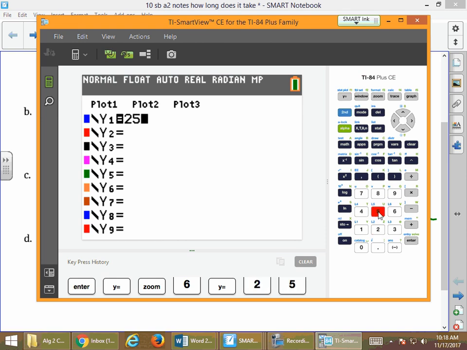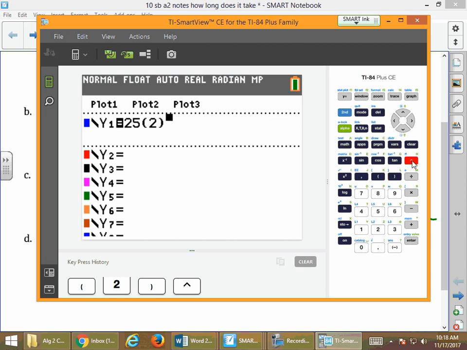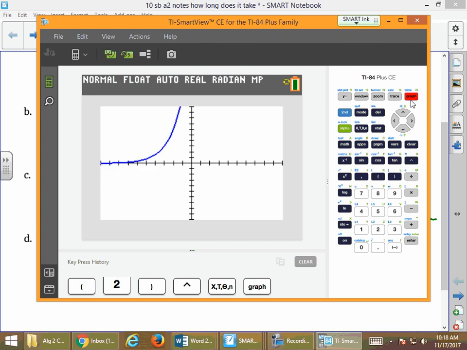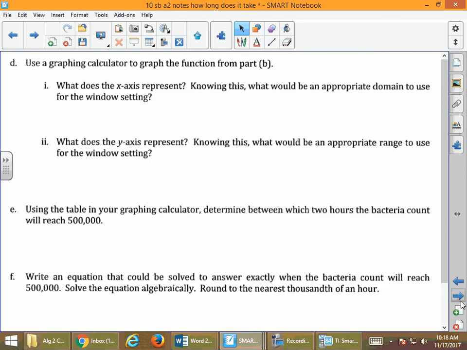But 25 times 2 to the x, remember that x comma t comma theta n, which is right beside the alpha button. We have to go to the x, there's the x button. And when we graph it, at least we've got a picture in this case. And that's what it says. Use the graphing calculator to graph that part.